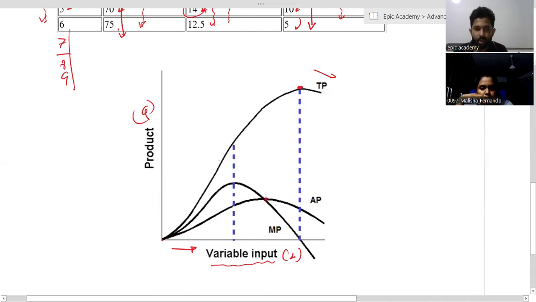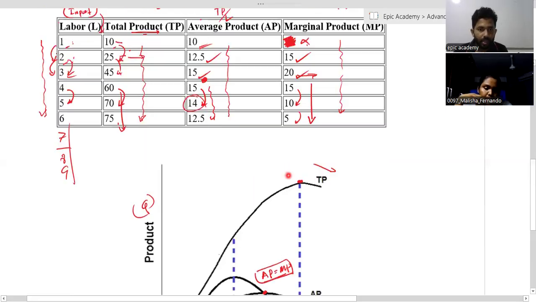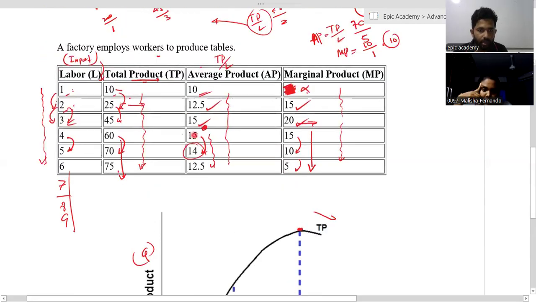At a certain point, average production and marginal production become a similar value. You can identify it here. Yeah, this one. Can you identify that the average production value and marginal production value are similar, isn't it?